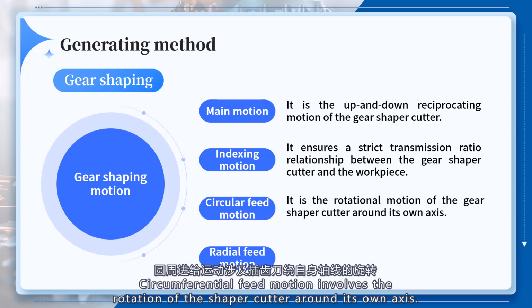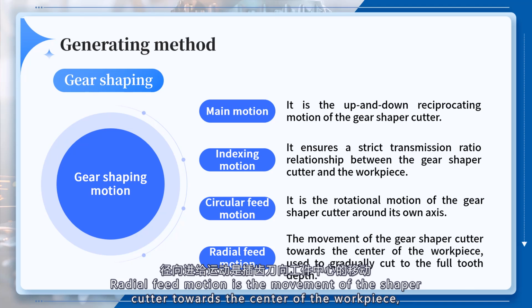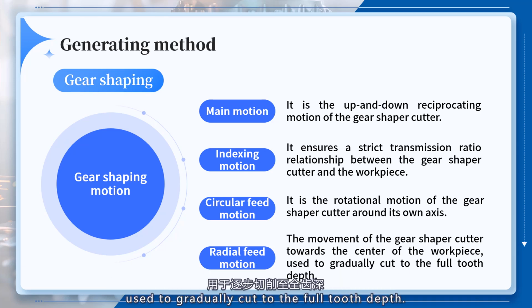Circumferential feed motion involves the rotation of the shaper cutter around its own axis. Radial feed motion is the movement of the shaper cutter towards the center of the workpiece, used to gradually cut to the full tooth depth.